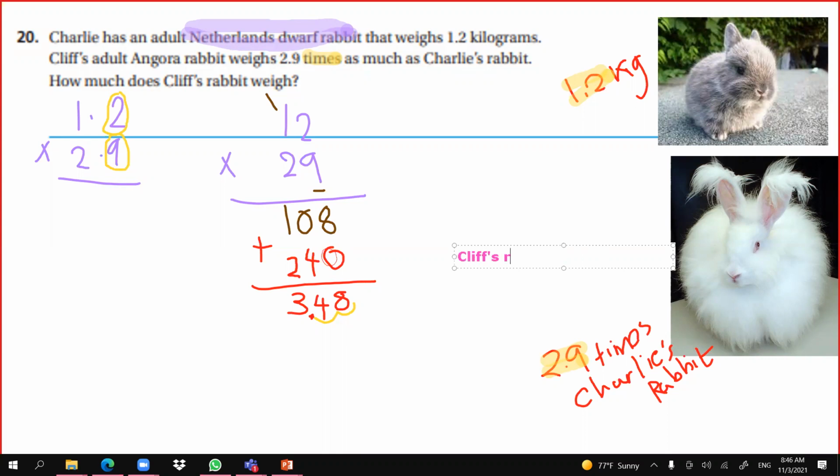Cliff's rabbit weighs 3.48 kilograms. Yes, this is the final answer. Thank you, Malak. Thank you so much.